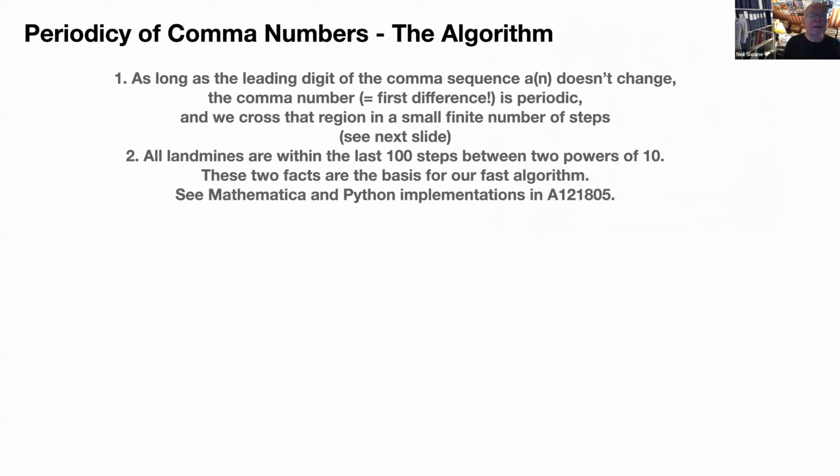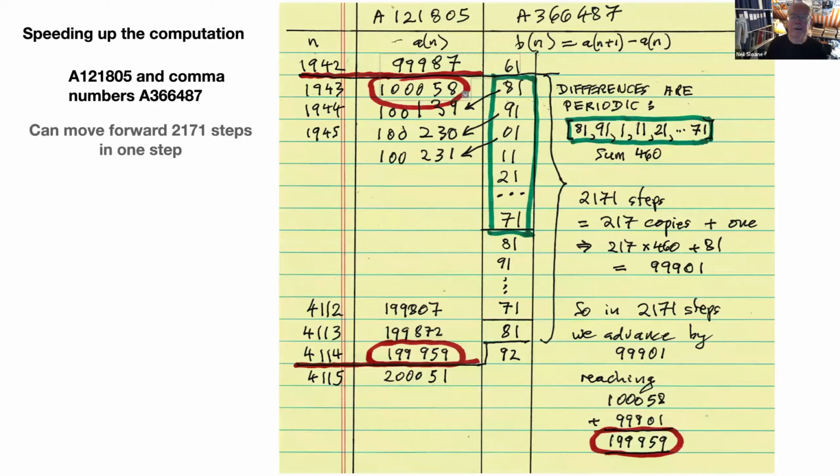And the reason we were able to compute so many terms is that the comma numbers, the first differences, are periodic. Let me just show you a little picture here. Here's a typical calculation. Here's Angelini's sequence, the main comma sequence. And after 1942 steps, you get to 99987, and then the leading digit changes. And the next number, this has comma number 61.